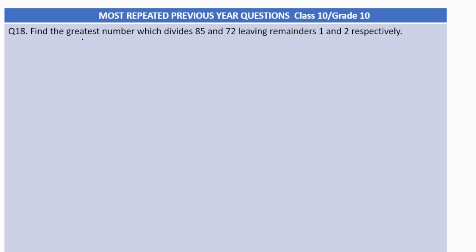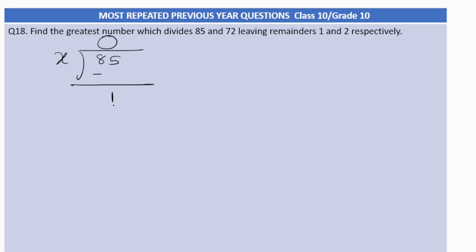Now there is one single number, let that number be x. Now when I divide 85 with it, I get something, x into something is equal to something, and I am getting a remainder 1. Means this number is not able to divide 85 fully.